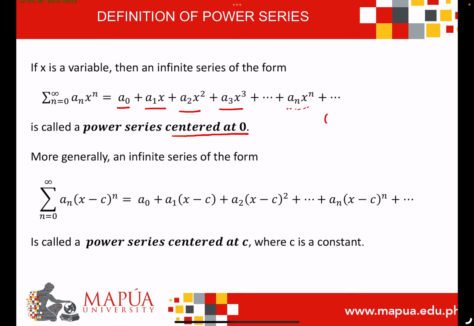If you can recall, you can have your Taylor series as x minus a raised to n. So this is your a sub n times x minus a raised to n, where a is the center.